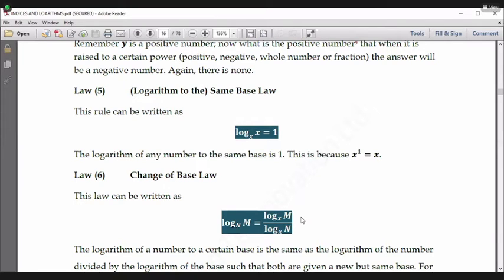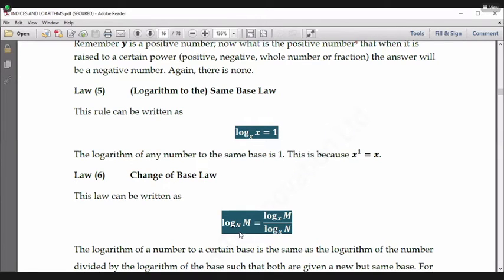So how conveniently can I use my calculator to evaluate that? I can use common logarithms, which is log to base 10. If I'm asked to evaluate log to base 3 of 7, then the numerator is log to base 10 of the first value, divided by the denominator, log to base 10 of the second value, which was the base.